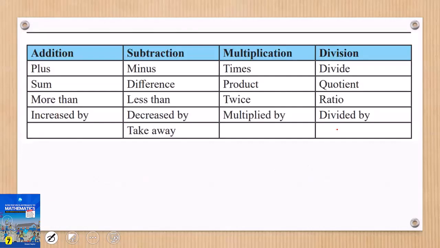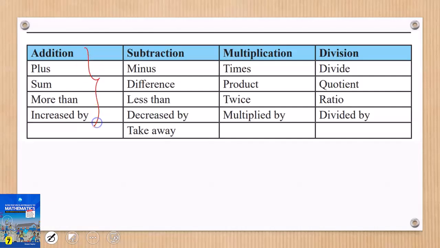Now, when we are to write mathematical statements as algebraic expressions, there are some key terms we can always use that portray addition, subtraction, multiplication, and division. For example, if I say plus, we know it refers to addition.